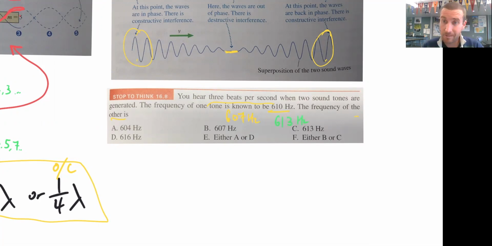Either one works because both are 3 hertz away. So both of those options would give you a beat frequency of 3 beats per second, 607 or 613. That is B and C, and B and C is F, either.